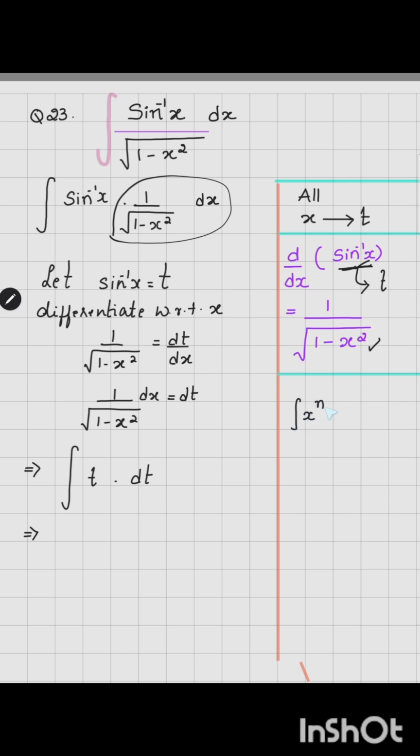The integral of x to the power n dx, when n is not equal to minus 1, is x to the power n plus 1 divided by n plus 1 plus c. Here the value of n is 1, it's not minus 1, so we can apply this formula. So this will be t square by 2 plus c. In the place of t we write (sine inverse x) the whole square divided by 2 plus c.